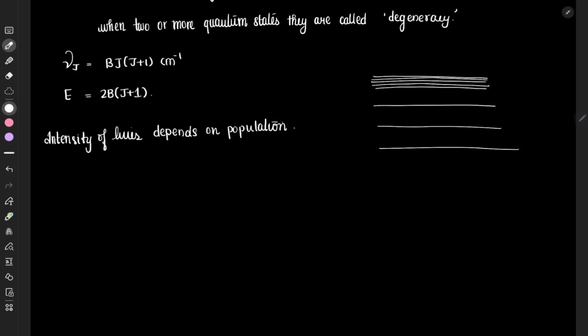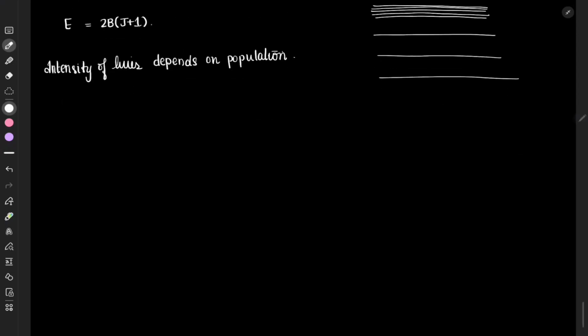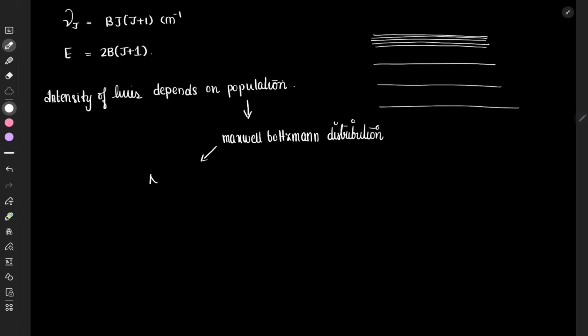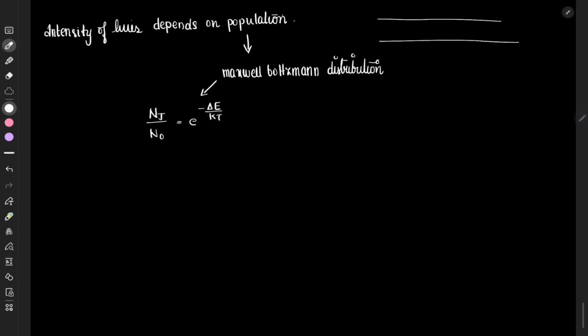They are called degenerate states, and the intensity of these lines depends upon the population, which is determined by the Maxwell-Boltzmann distribution. That is Nj divided by N naught is equal to e raised to minus delta E divided by kT, where Nj is the population of the jth state.